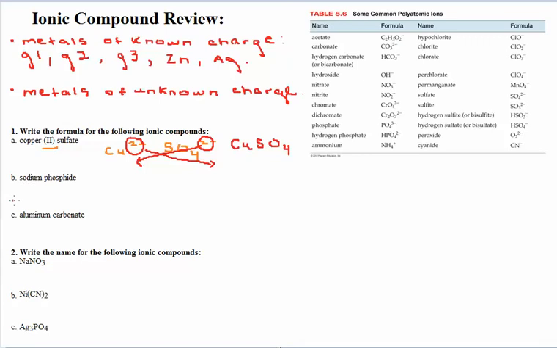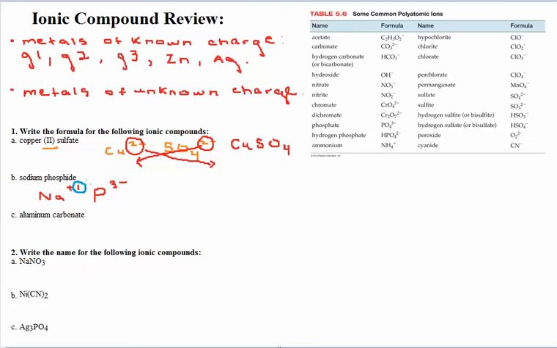For the next problem, sodium phosphide. Sodium has a +1 charge, always. I can tell that by looking at the periodic table. That's why I didn't include the Roman numeral for this one. Phosphide, be careful, it's not phosphate or phosphite. It's just P, and P has a 3- charge. Now I'm going to cross my charges.